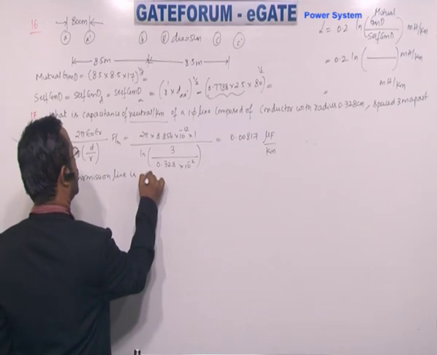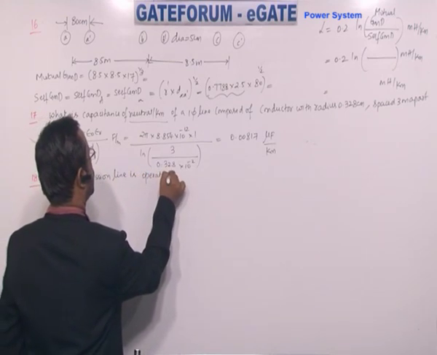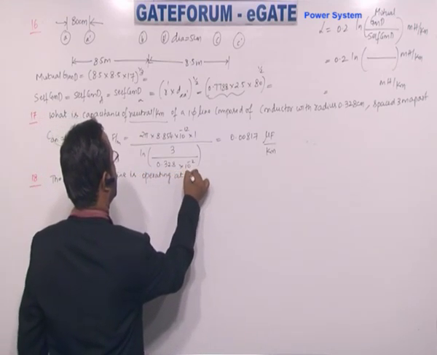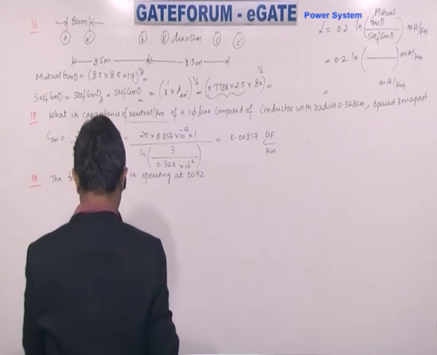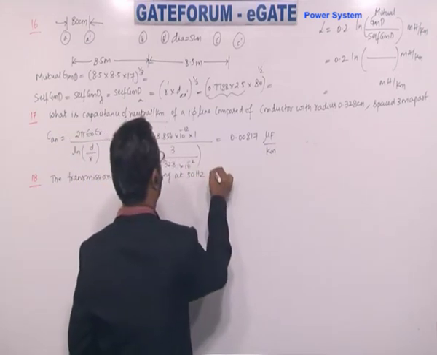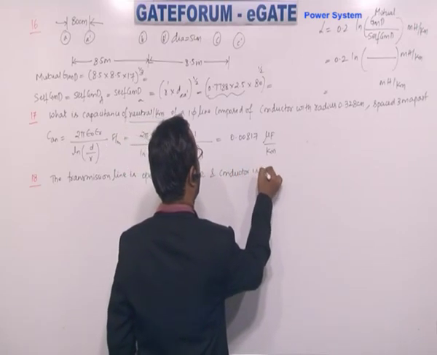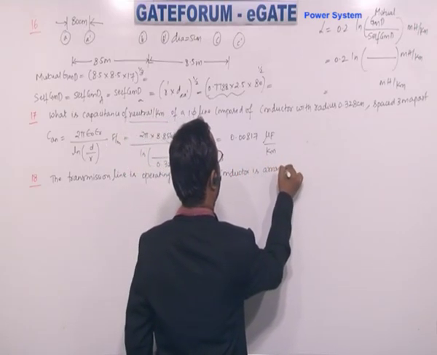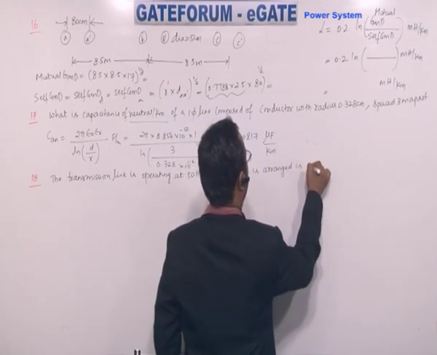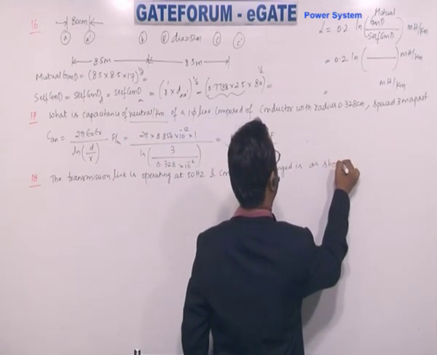So the transmission line is operating at 50 Hz and the conductor is arranged as shown.